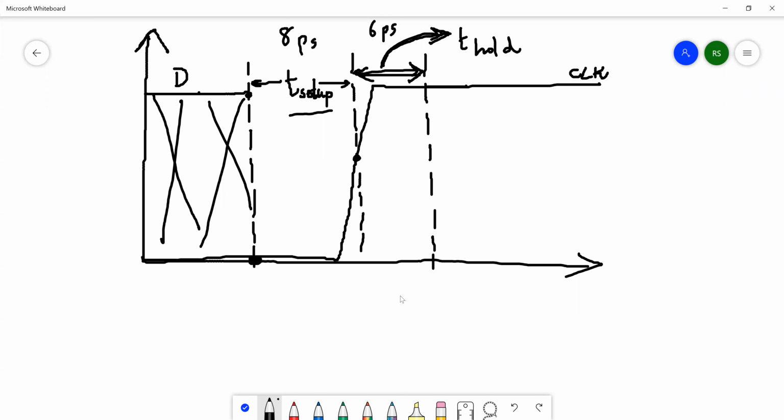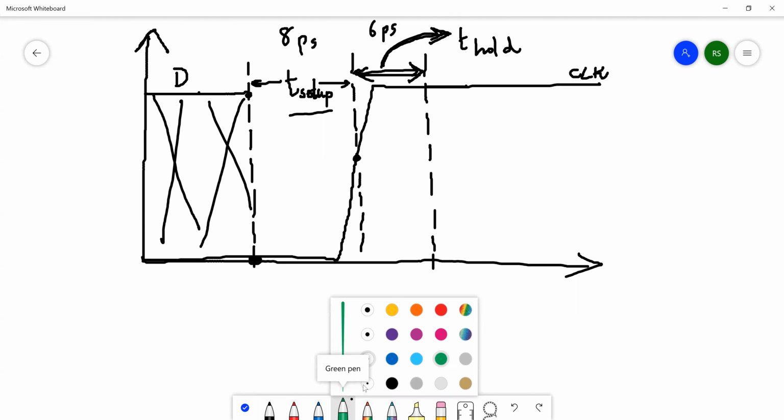Why setup time, hold time? Very simple, but very, very important. Suppose I have a clock signal, and we know that in designs nothing is perfect.